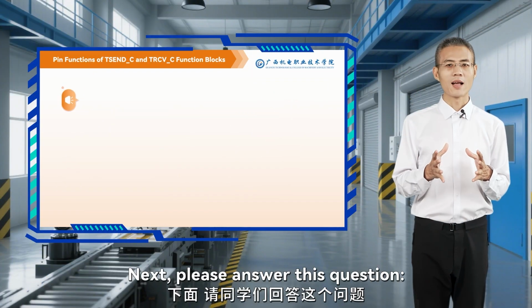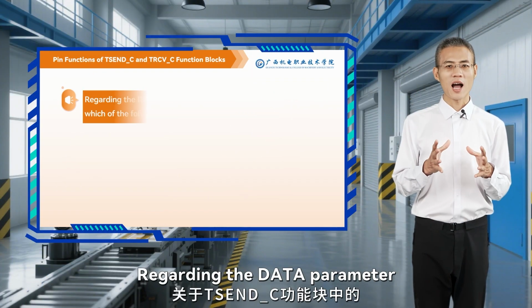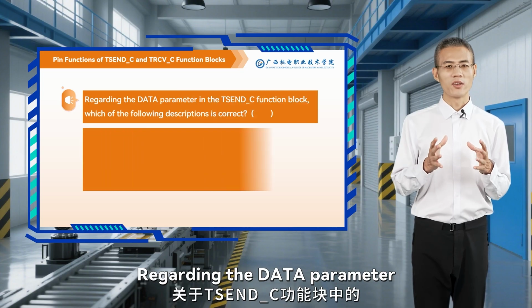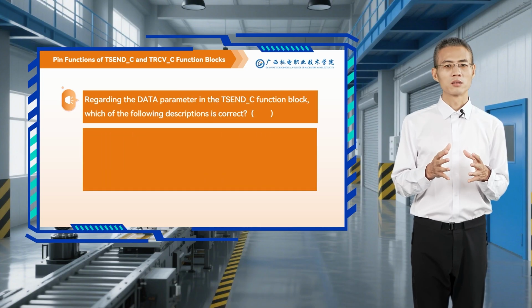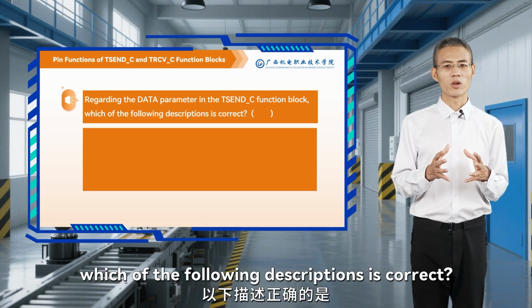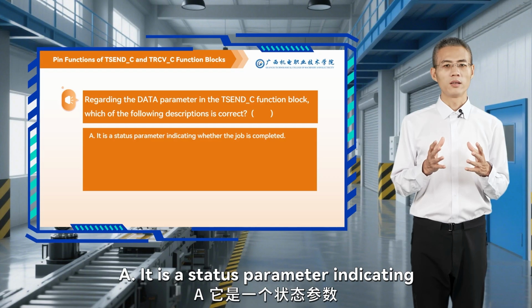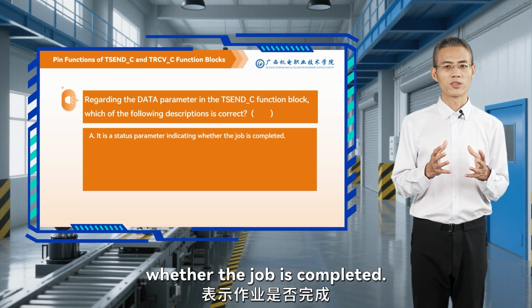Next, please answer this question regarding the data parameter in the TSEND_C function block. Which of the following descriptions is correct? A is a status parameter indicating whether the job is completed.